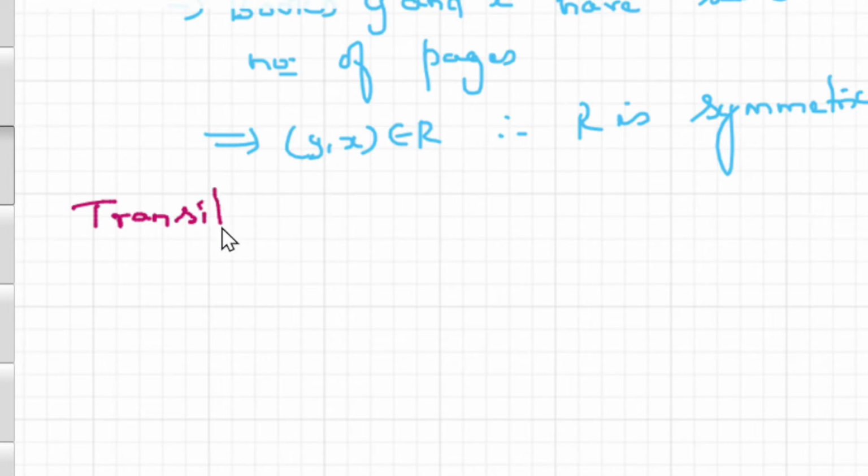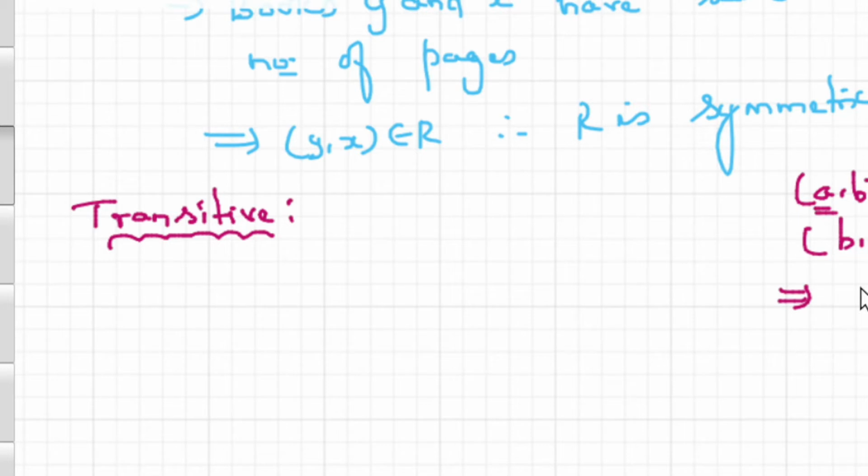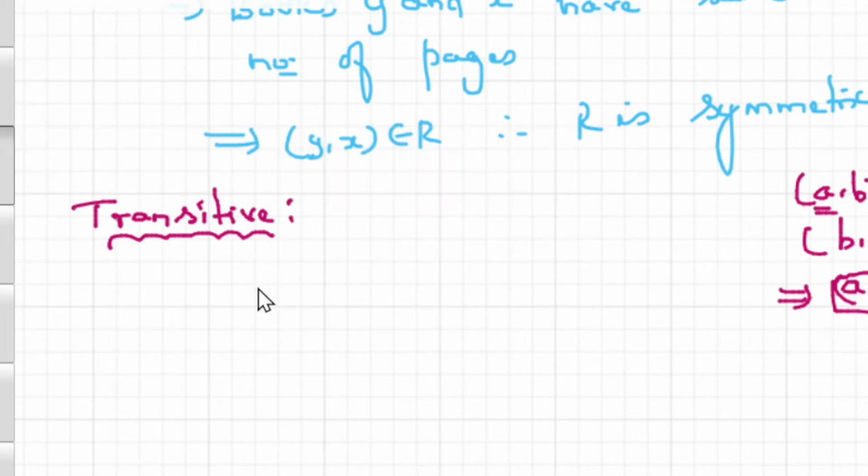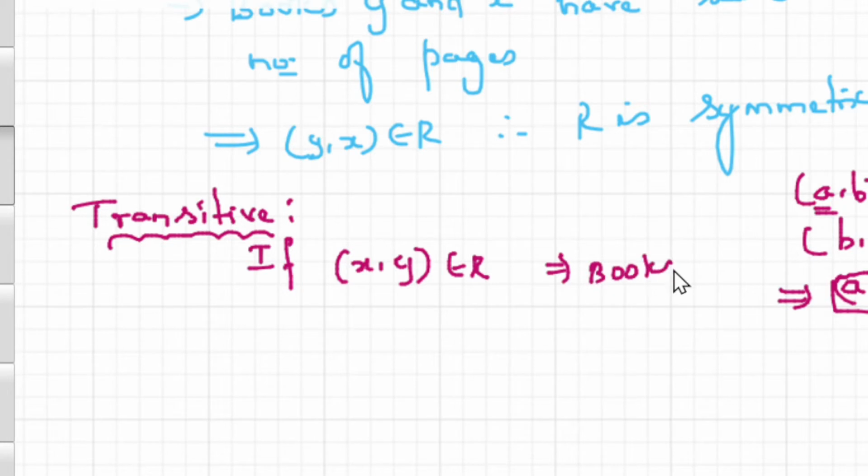Here, if (a, b) belongs to R and (b, c) belongs to R, then (a, c) belongs to R. In our case we have the books: if (x, y) belongs to R, that implies books x and y have the same number of pages.